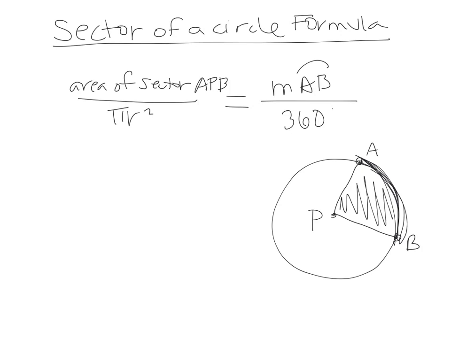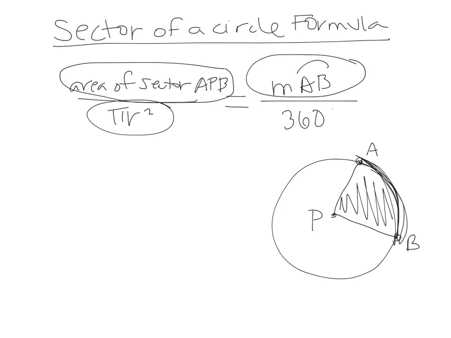Okay, so again, the portion that the sector takes up over the whole thing is the same as how many degrees the arc is over the full degrees of the entire circle. So that is the plan. So let's do an example problem.